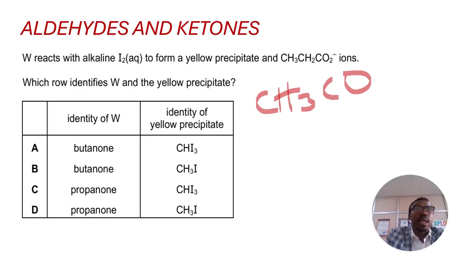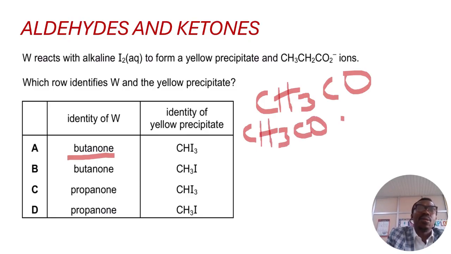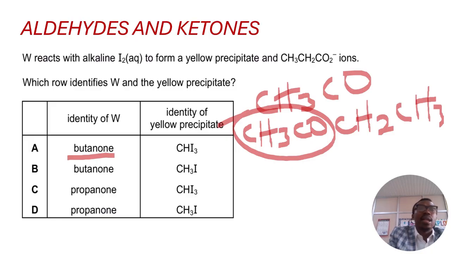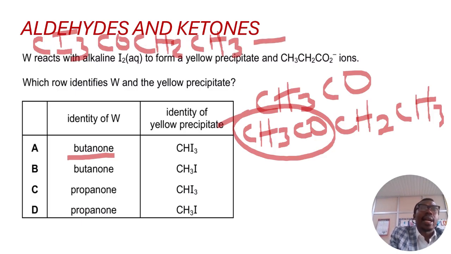Now let's look at the options. Option A is butanone. Butanone is CH3COCH2CH3. So butanone contains a methyl ketone group. When you react it with an alkaline solution of iodine, you are going to get an intermediate, CI3COCH2CH3, then alkaline hydrolysis.